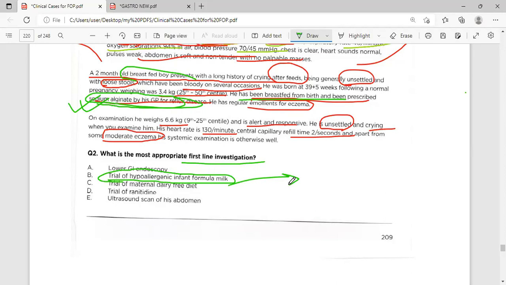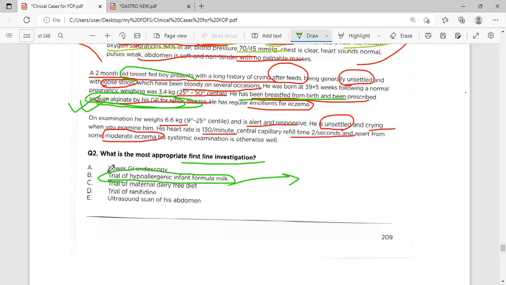Usually soya based milk is given after 6 months of age, and extensively hydrolyzed and amino acid formulas are usually given under 6 months of age. In the exam, instead of hypoallergenic infant formula, they usually say extensively hydrolyzed formula.